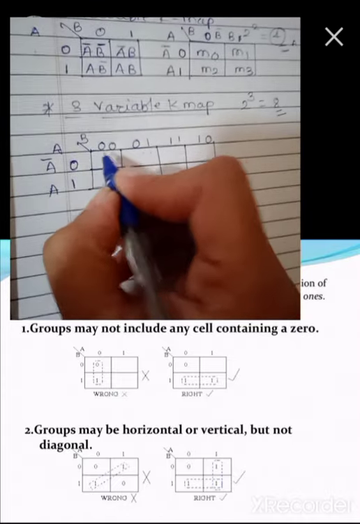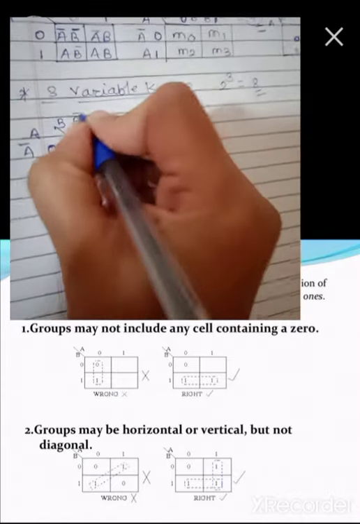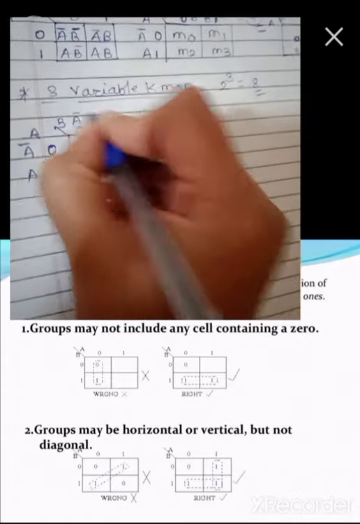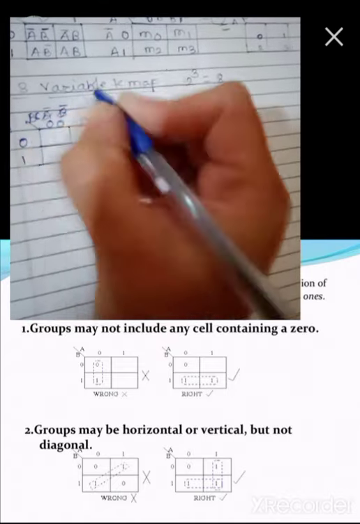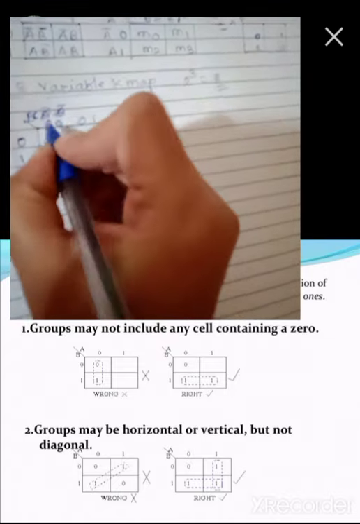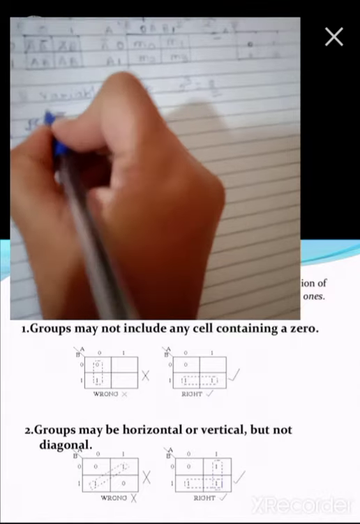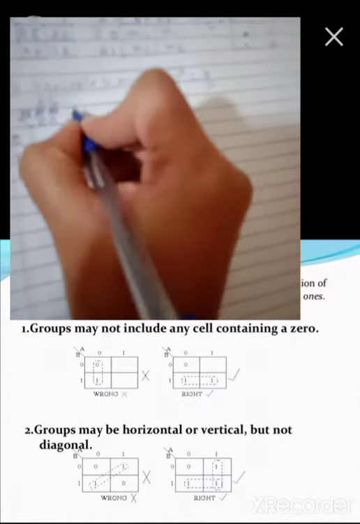So for 0, 0, A bar, B bar, here you have to write the B and C variables because it is a 3 variable K-map. So it will give you B bar C bar, B bar C, B C and B C bar.